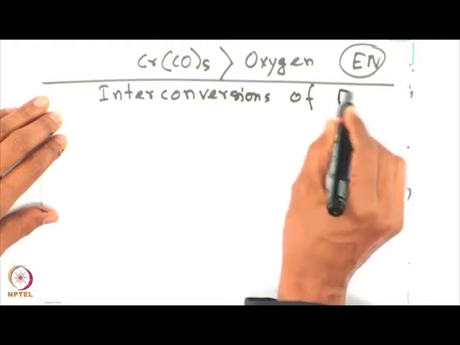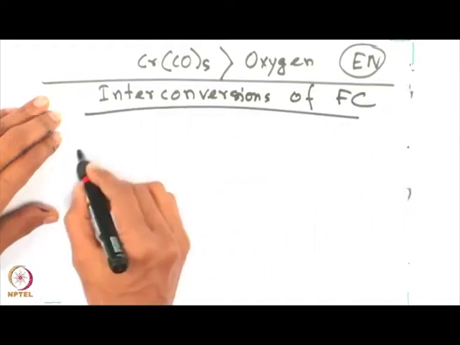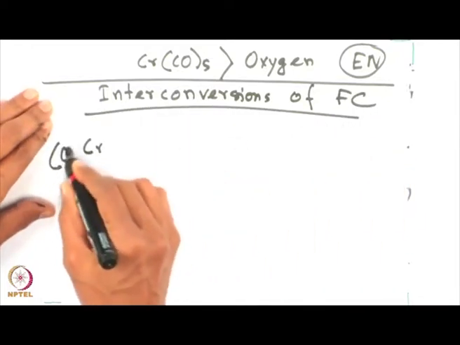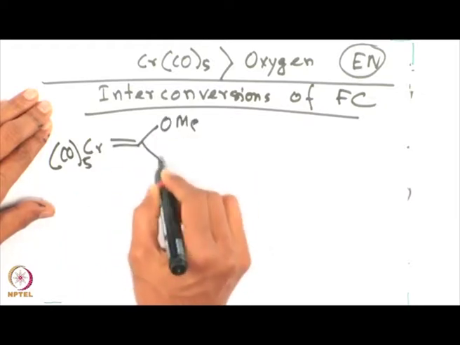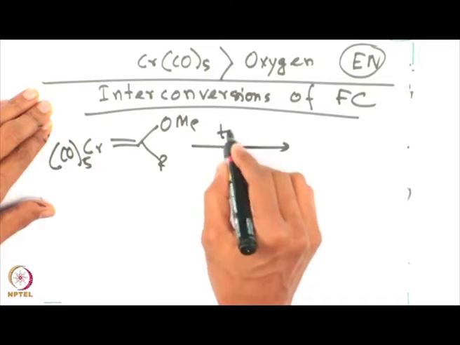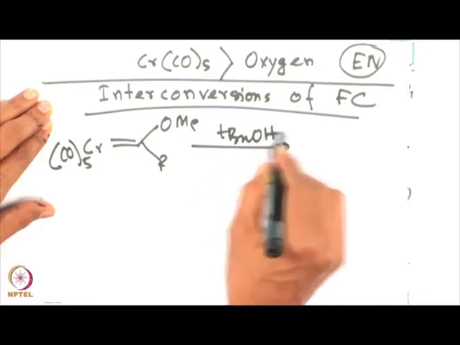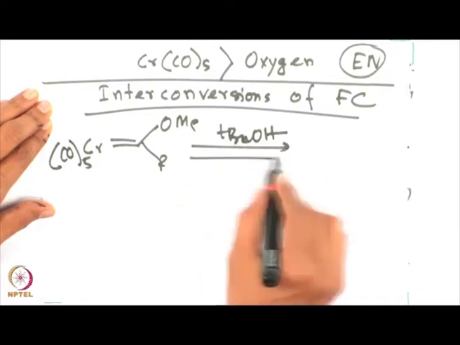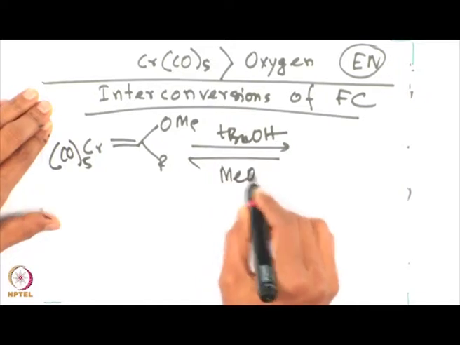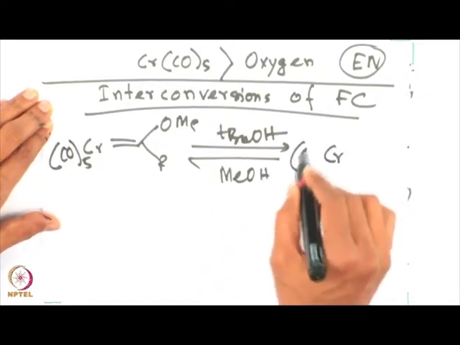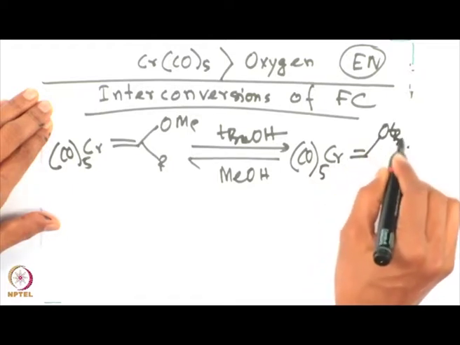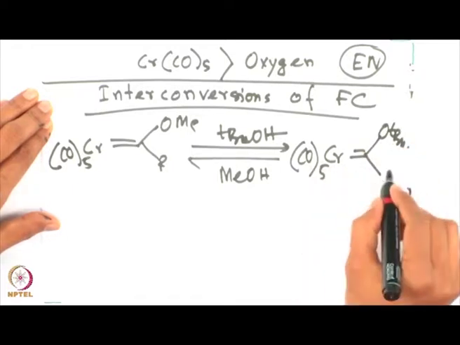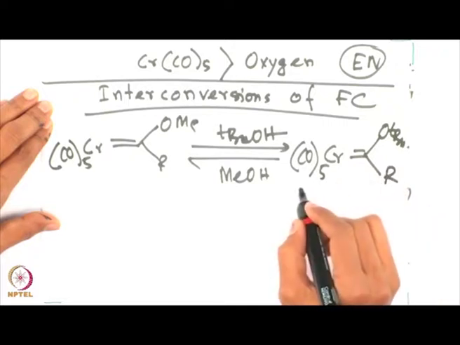Now, if you start with this chromium pentacarbonyl species and react it with another alcohol, for example, tert-butanol, okay, of course, this is going to be a reversible reaction. What you can get is the tert-butyl oxide or tert-butanol replacing methanol to give you that.